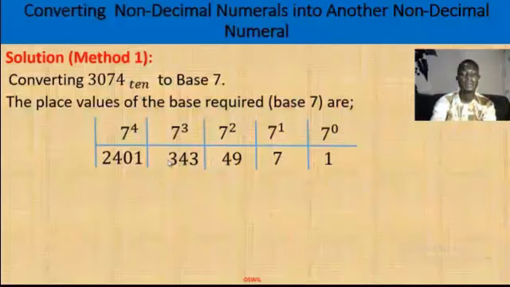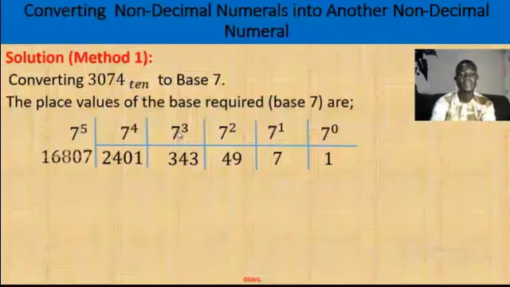Now, somebody may ask, why is it that we ended at 7 index 4, which has a real value of 2401? This is because when we continue with 7 index 5, as you see on the screen, it would give us 16,807, which is greater than the numeral to be converted to base 7.